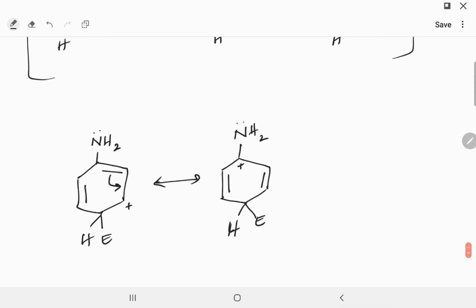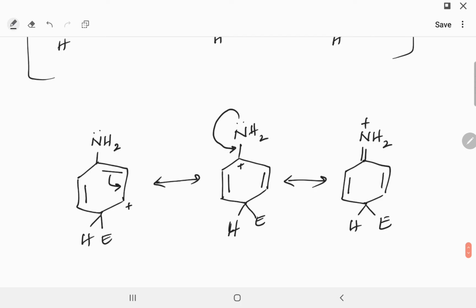And then what you could do is use this lone pair and make a new double bond between nitrogen and positive charge. Whenever you have a positive charge next to a lone pair, you can do this, and you will get a resonance structure like this one. So positive charge will migrate onto the nitrogen, and the rest will remain the same.